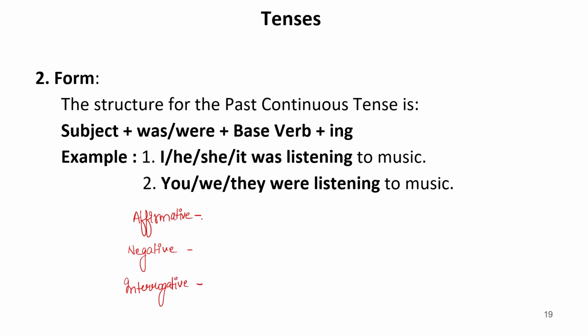So affirmative can be formed like subject plus was or were plus the first form of verb with ing, that is verb fourth form. This we call verb fourth form, or base form of verb with ing, plus object.